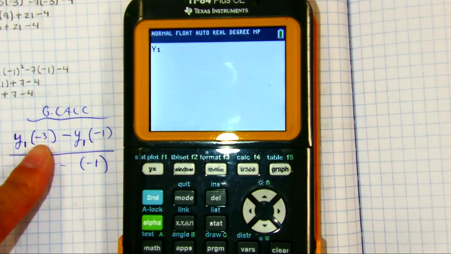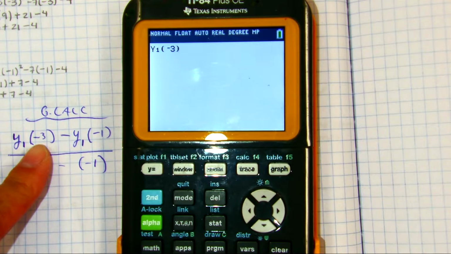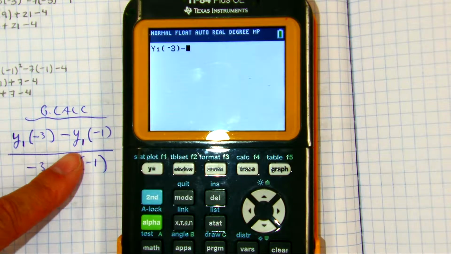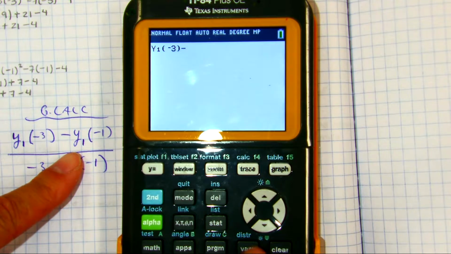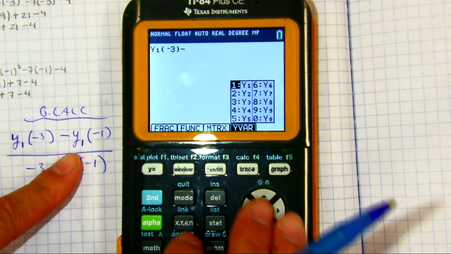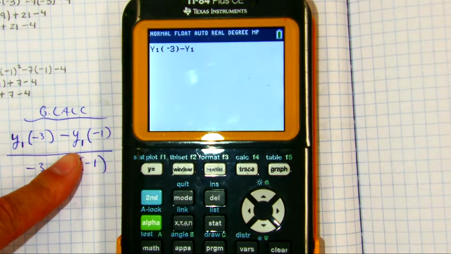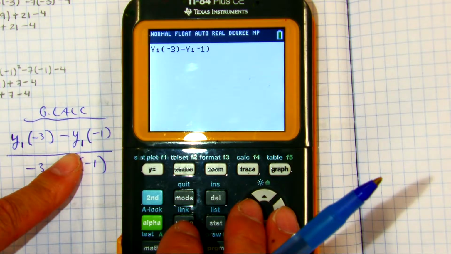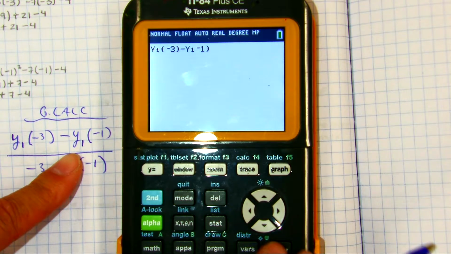Parentheses negative 3. Remember, that's not subtracting. Now that's my subtraction sign. And then again, alpha trace, negative 1. Oh, I made a mistake. Let's start over.